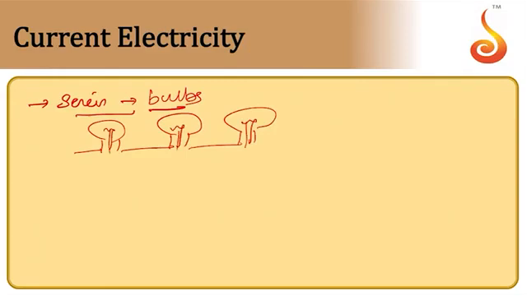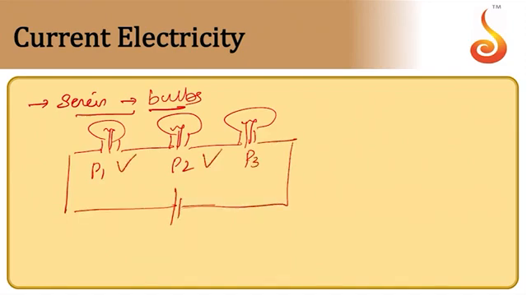For example, this is P1, this is P2, this is P3, etc. And they are designed to operate at a voltage V. That means their rated voltage is V. Then the effective power dissipated is given by 1 by P is equal to 1 by P1 plus 1 by P2 plus 1 by P3, etc. So when the bulbs are connected in series, this is the equation.